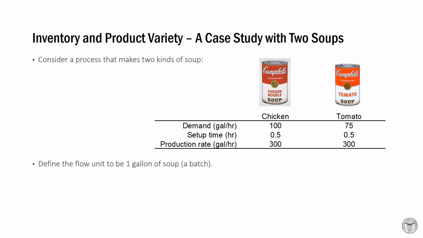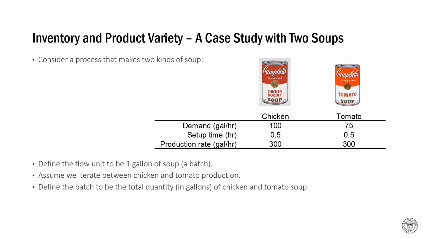For the purpose of our study, we will define our flow unit as 1 gallon of soup. We will also assume that we alternate between the production of chicken and tomato soups. We will define the batch size as the total quantity in gallons of both chicken and tomato soup. The question we aim to answer is, what batch size will minimize our inventory without affecting the demand for each soup?